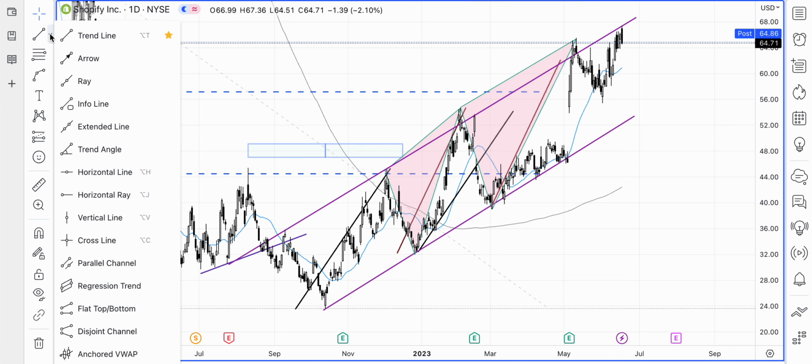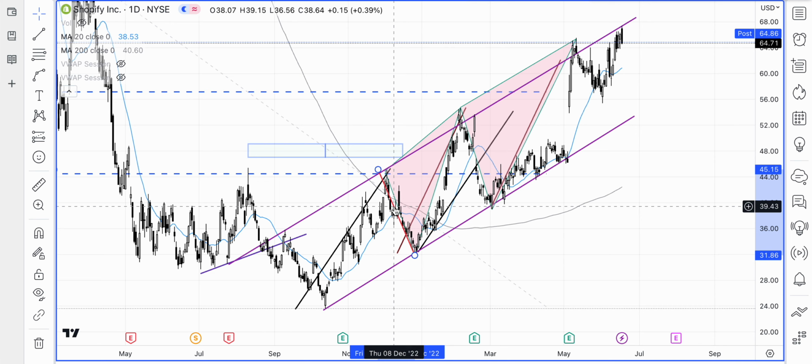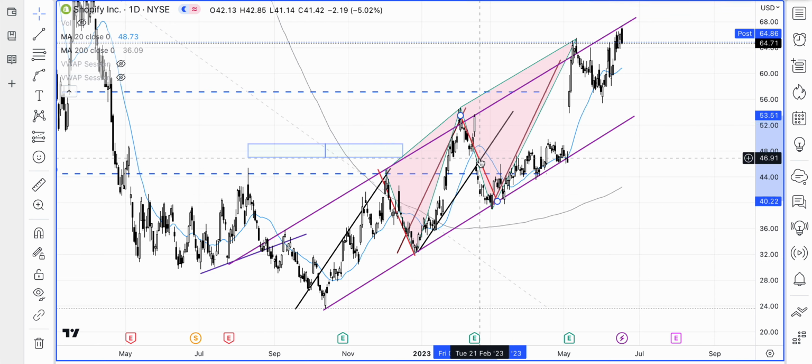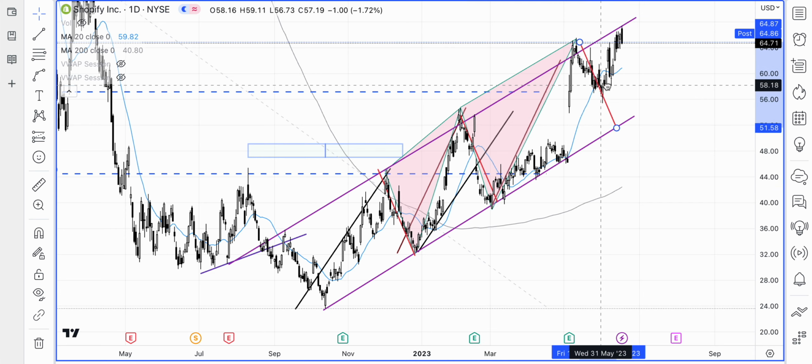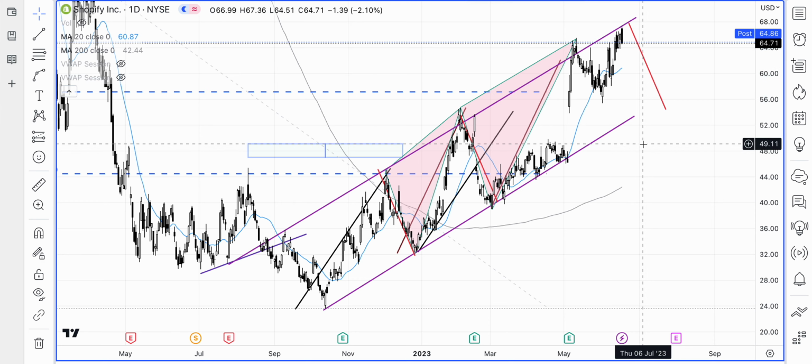So one of the things that we can do here is actually draw this line here. Let me clone it, and we can see this. Let me clone this again, and if there is going to be some sort of pullback, then we could expect it to go to the bottom of the channel to find support there.